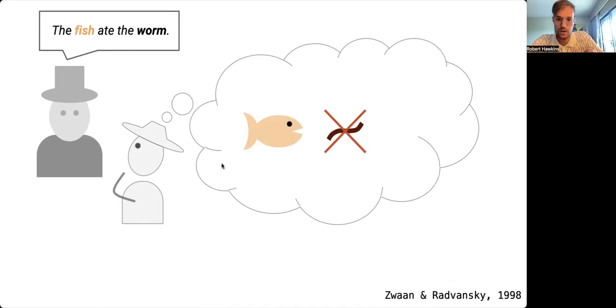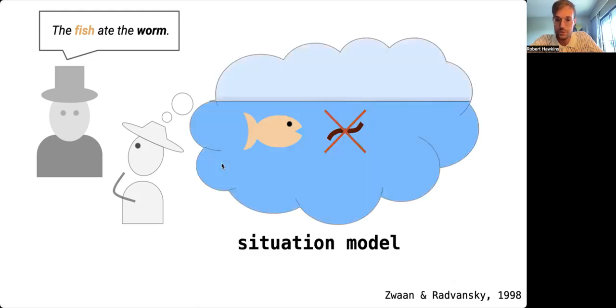And then there are attributes of the situation itself. We may understand that after being eaten, the worm is probably not going to exist anymore. It's inside the fish. And the whole situation likely happened in a body of water because that's where fish live.